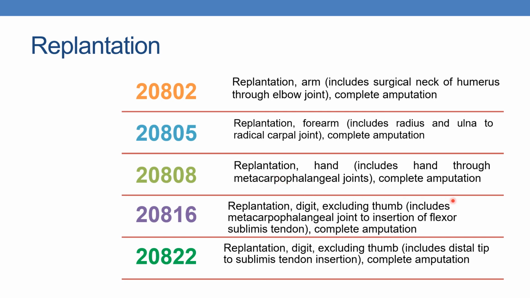metacarpophalangeal joints, complete amputation. The next is 20816, replantation digit excluding thumb, including metacarpophalangeal joint to insertion of flexor sublimis tendon, complete amputation. The next is 20822, replantation digit excluding thumb.